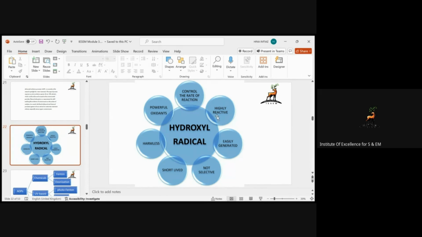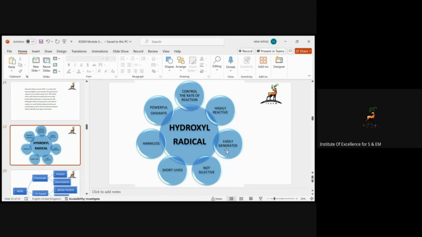It does not require any initial energy. Whenever the hydroxyl radical is produced, then you don't have to do the extra effort. You know that reaction will be a spontaneous reaction, that once it begins, the hydroxyl radical will continuously react upon that contaminant.